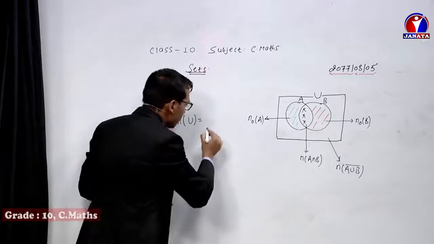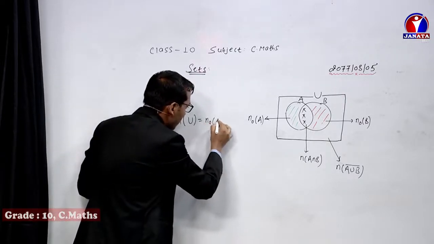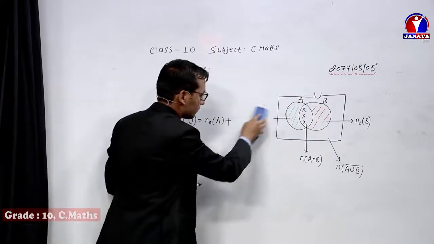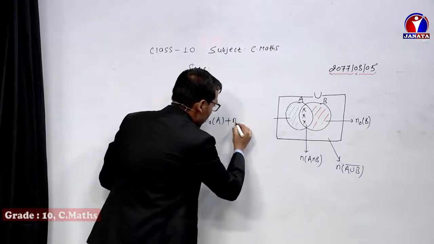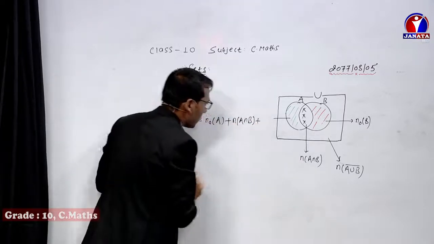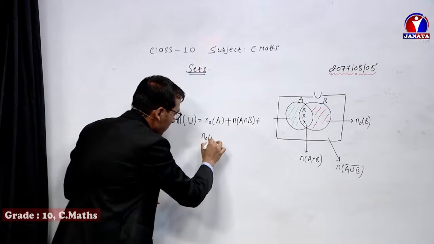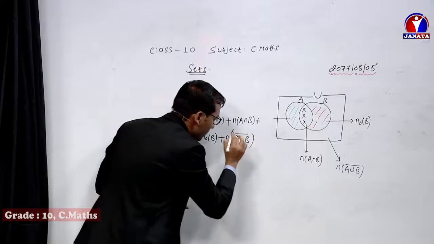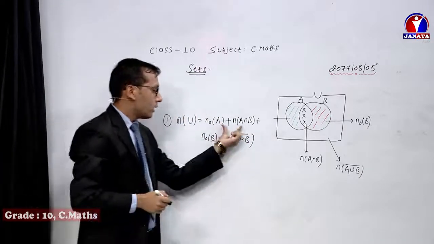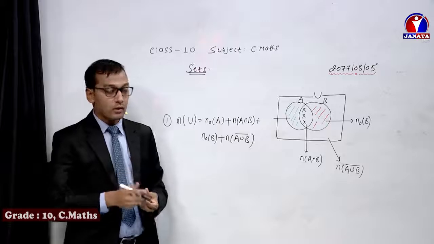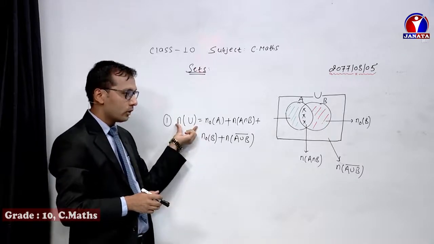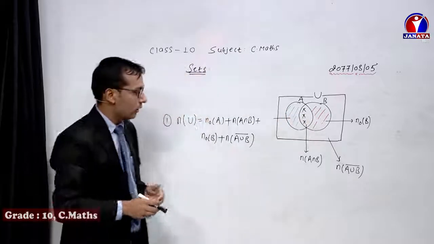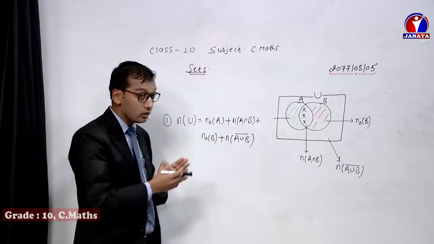So let me write the same thing. n of U is n only A plus n of A intersection B plus n only B plus n of A union B complement. So these four different set notations belong to n of U, because n of U contains the entire region in the rectangular box that is drawn in the Venn diagram.